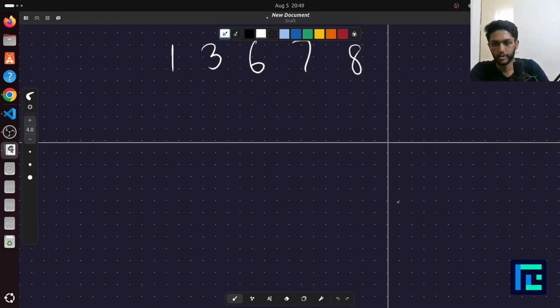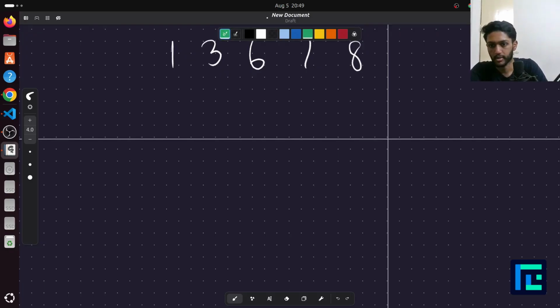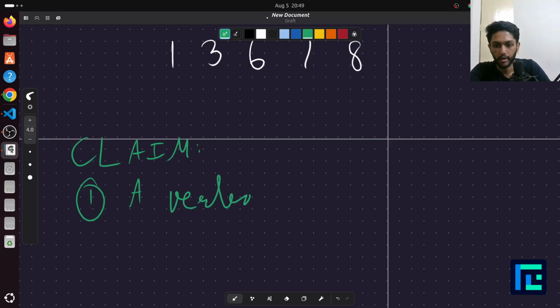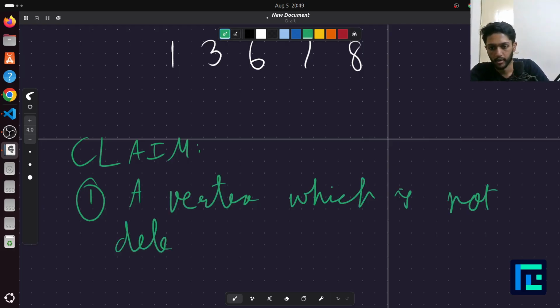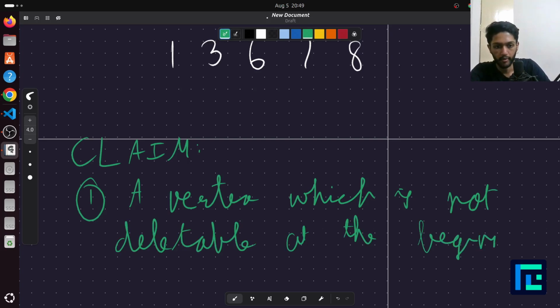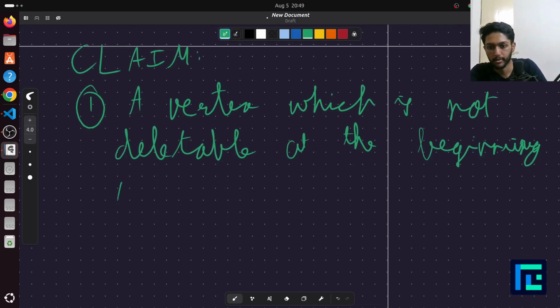The first thing I want to claim, I'll write it: a vertex which is not deletable at the beginning will never be deletable.